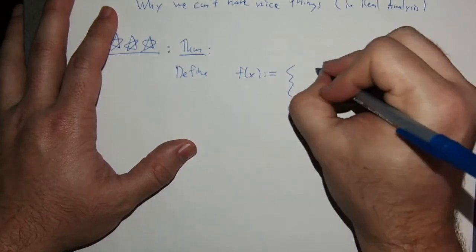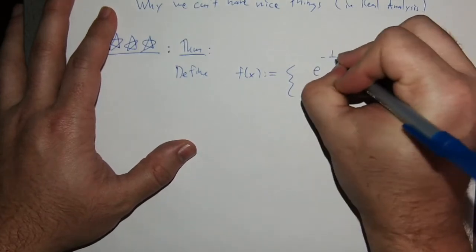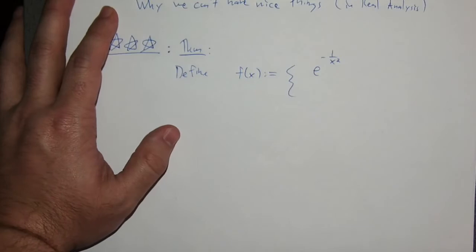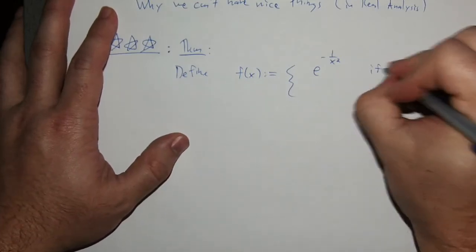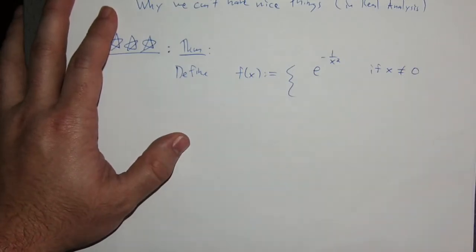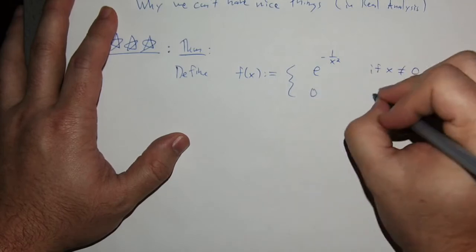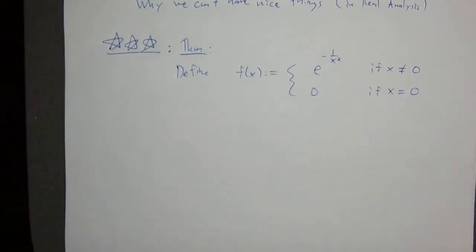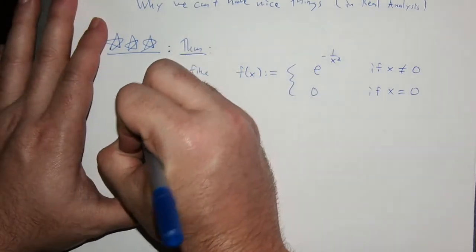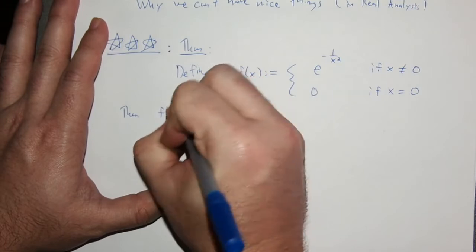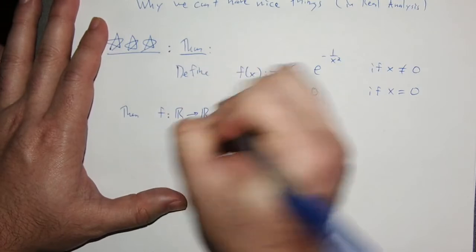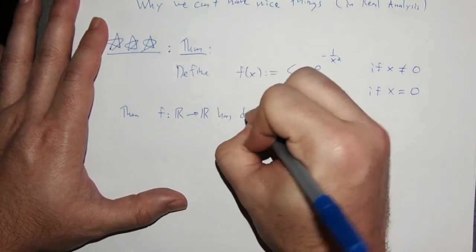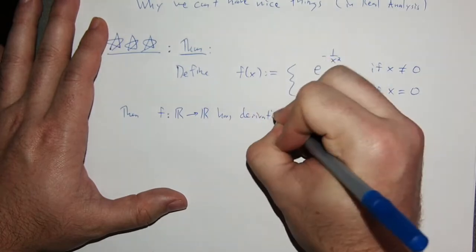It is e to the minus 1 over x squared if x is not equal to 0, and it is 0 if x is equal to 0. Okay. Then the function f from R to R has derivatives of all orders.